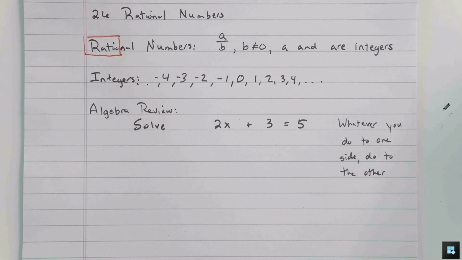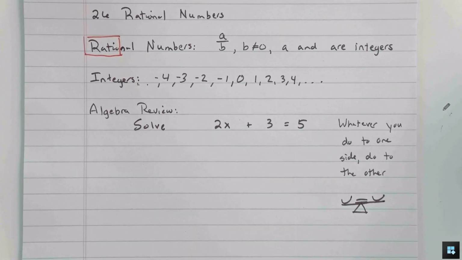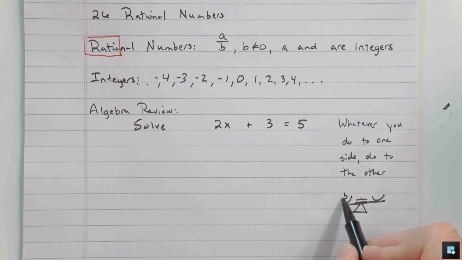The equal sign means that both sides are equal. It's like a balance scale. Have any of you used a balance scale, maybe in physics or science? You have to put the same weight on both sides. So here you could say both sides are like a 5. The fulcrum's like the equal sign, and both sides are the same weight.